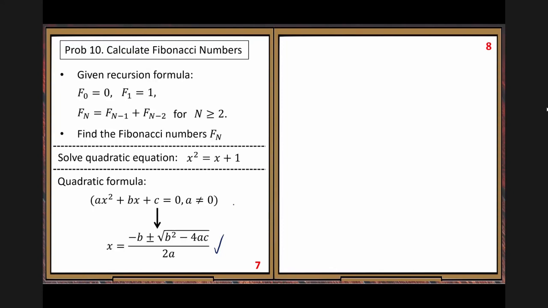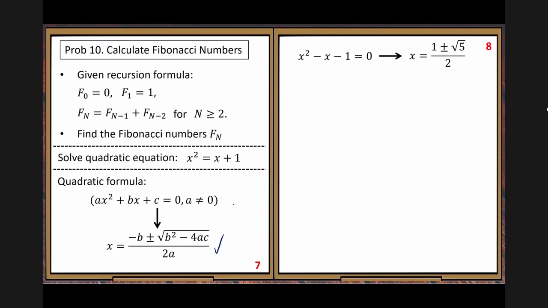Our quadratic equation is x squared minus x minus 1, so a is 1, b is minus 1, c is minus 1. Let us plug these a, b, c values into the quadratic formula.